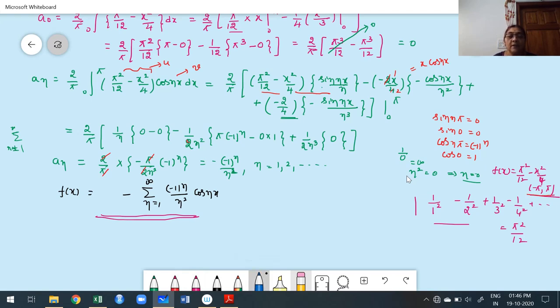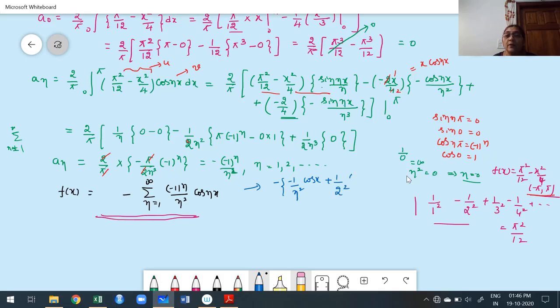That's what we have to take care of. Now compare this to this. Suppose you expand this series, I'm going to expand it for your reference. Put n equal to 1: minus 1 by n square cos x. Then take n equal to 2: this is plus 1 by 2 square.